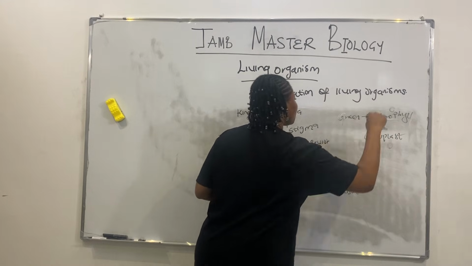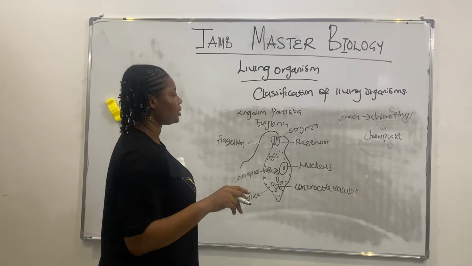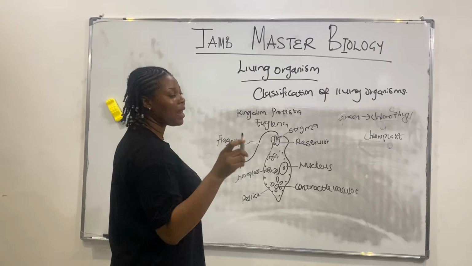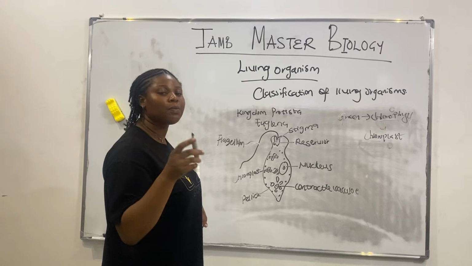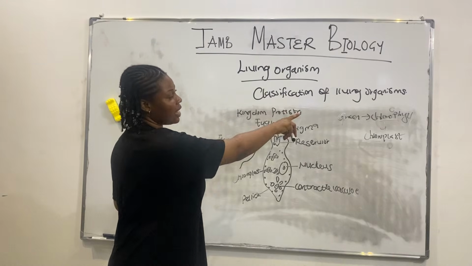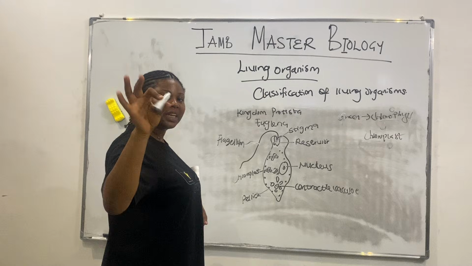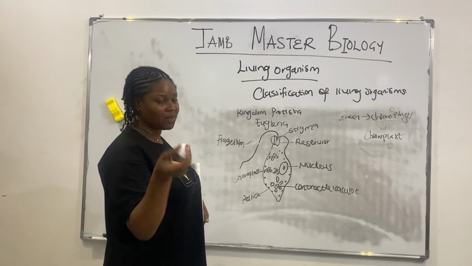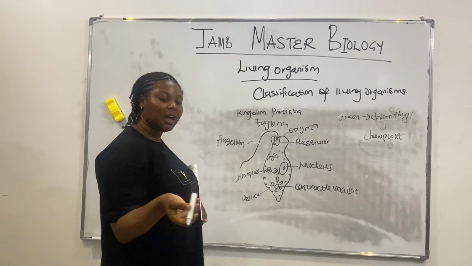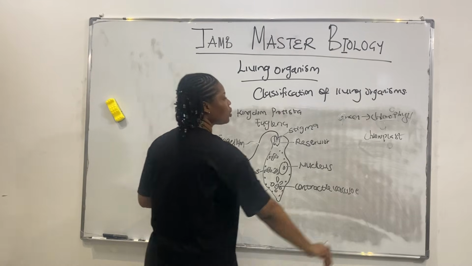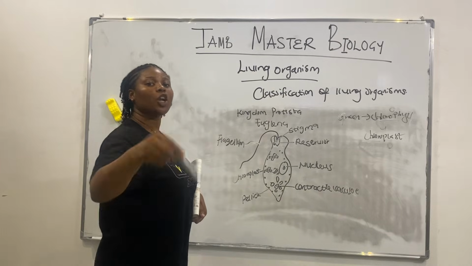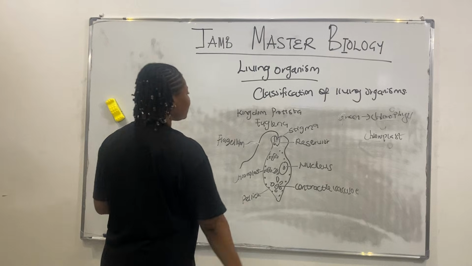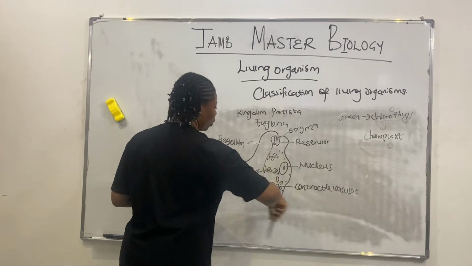Just like this marker is black, what makes it black is the ink. So see this thing as a green plant. It's green, just like the marker is black. Now the plant is green because of the what? Chlorophyll. Now what is making the chlorophyll is what is called chloroplast. So this is the diagram of a euglena.